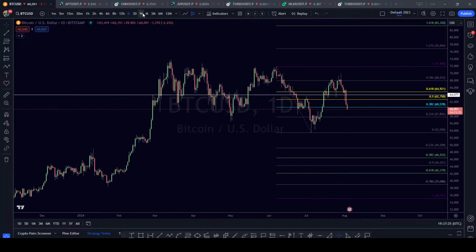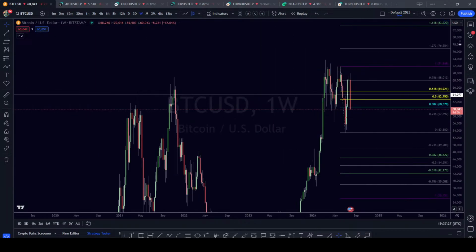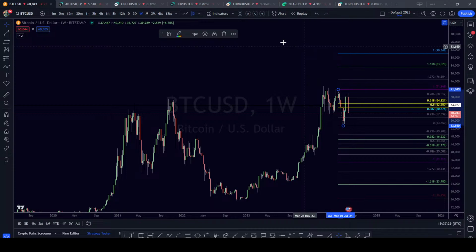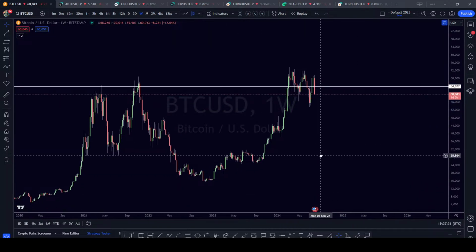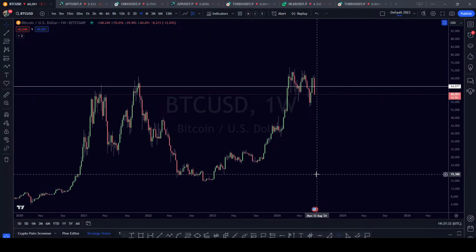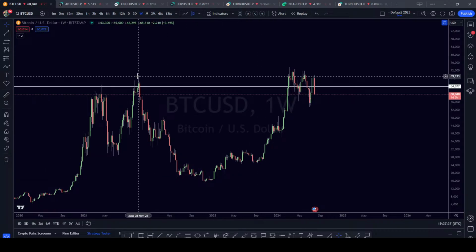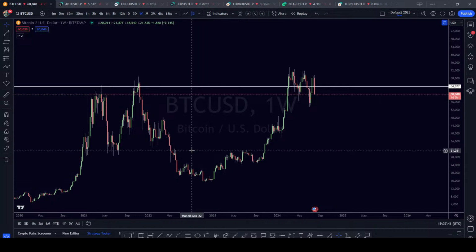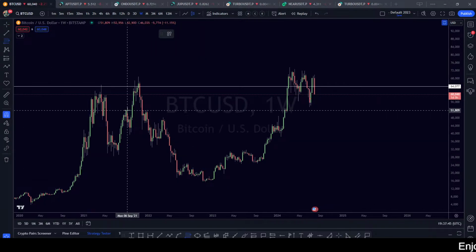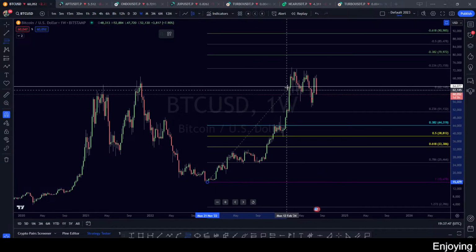Well, let's go to the weekly time frame. There are so many different ways you can do this. So let's get rid of this. A couple of different ways you can pull it: from the very low to the very high, or from the previous high to the low. Let's go from the low to the high.